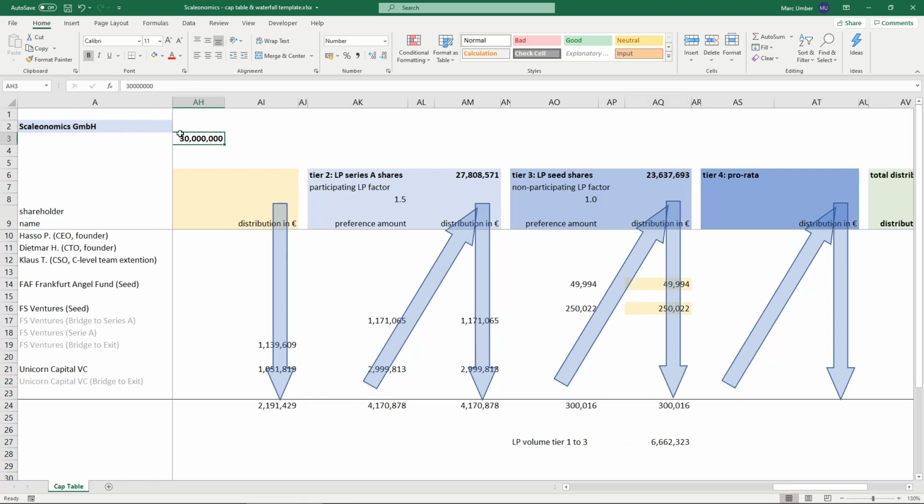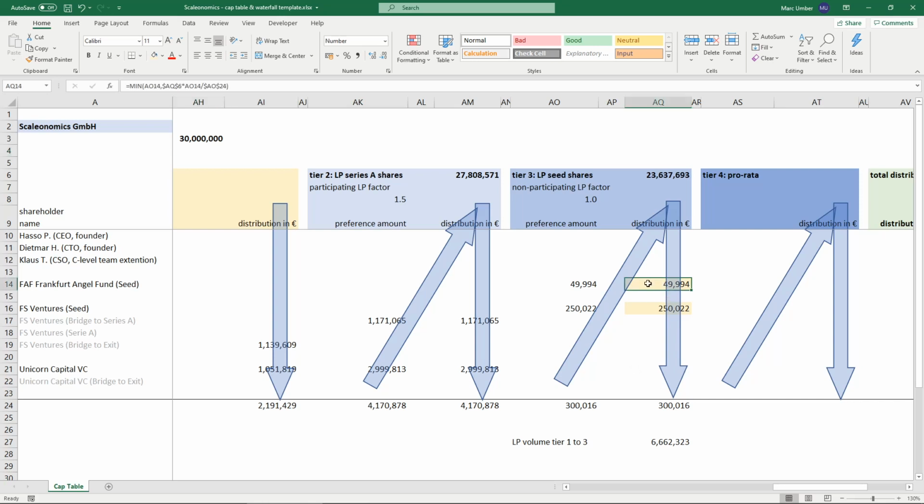And we see if we have only 6.6 million on the table, this is just enough money to pay out the first 3 liquidation preferences. If we only have 6.5 million on the table, this will not be enough money to pay out tier 3 liquidation preference holders, and our formula splits the amount in a pro rata way. Very good. Okay, let's go back to our 30 million.